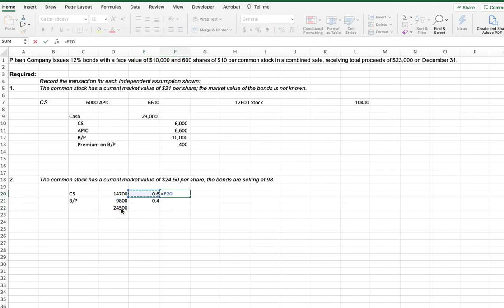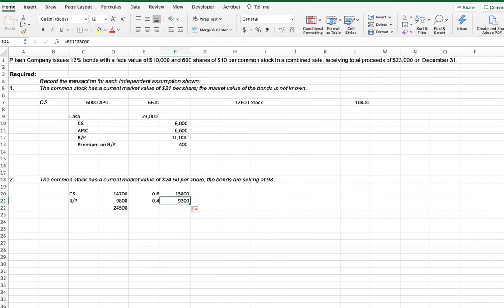And then we can multiply that percentage times our 23,000. And we get 13,800 towards the stock and 9,200 towards the bond.